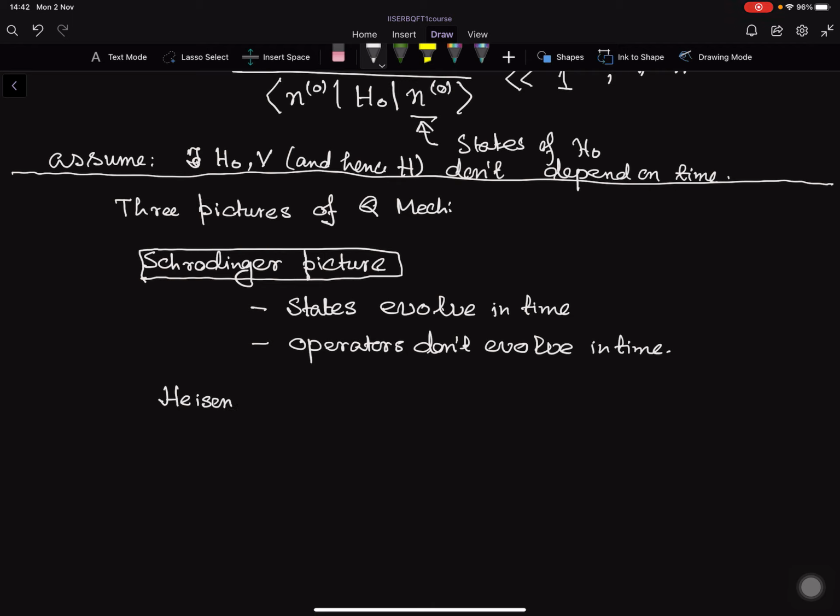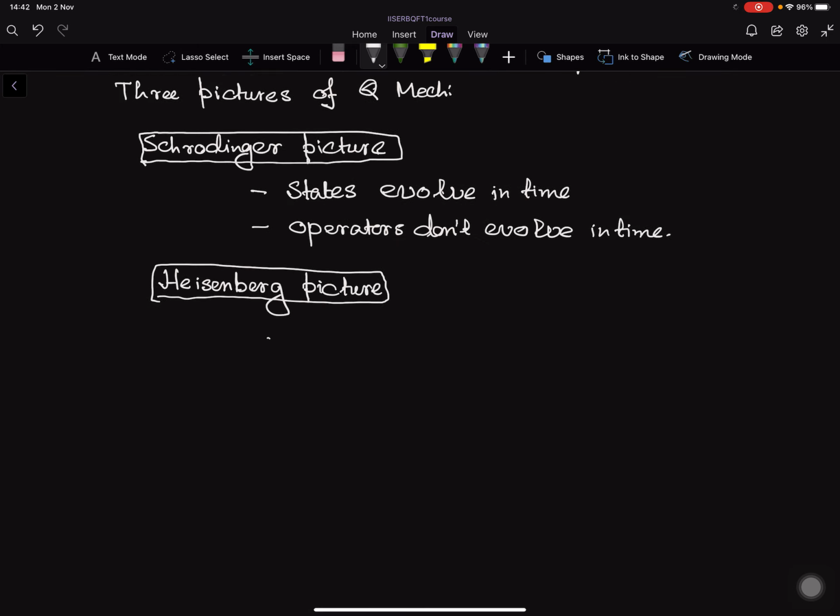The Heisenberg picture: the states don't evolve, but operators evolve in time.